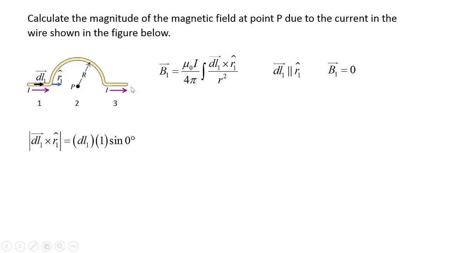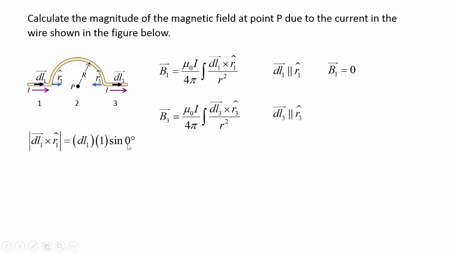Now let's calculate the magnetic field created by the segment 3. Similarly, the magnetic field will be written using Biot-Savart law. In this case, the path segment dl3 will be oriented to the right in the same direction as the current, and the unit vector r3 will be oriented from the path segment to point P. So the angle between these two vectors is 180 degrees instead of 0.